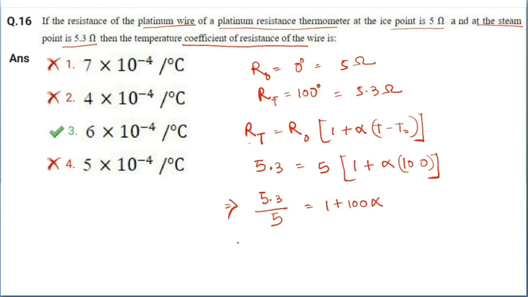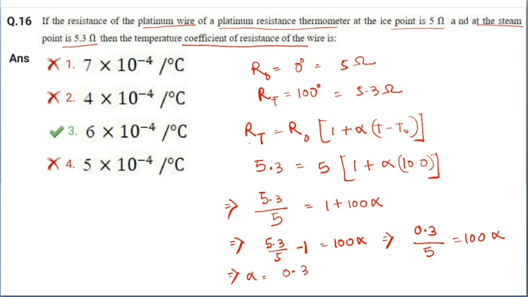Now 5.3 by 5 minus 1 is equal to 100 alpha. That implies 5.3 minus 5 is 0.3, so 0.3 by 5 is equal to 100 alpha, and alpha is equal to 0.3 by 500, that is 3 by 5000, right?